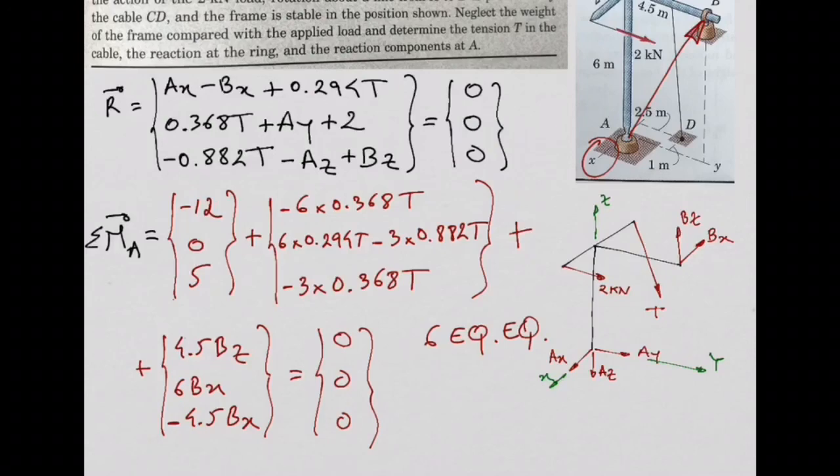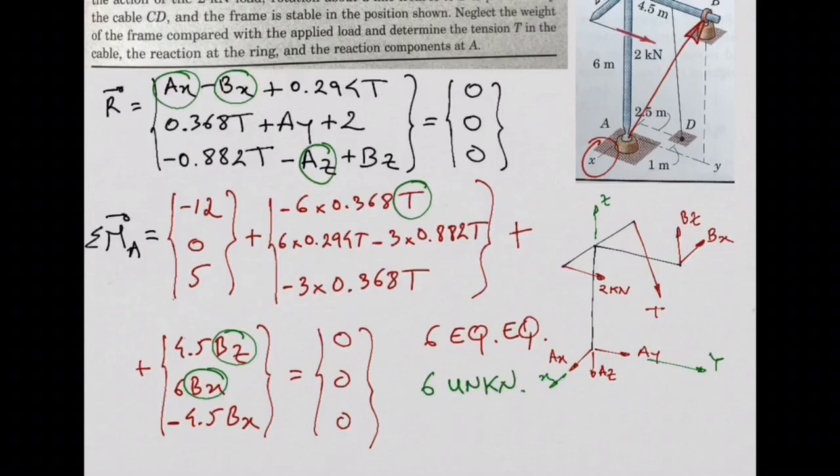Let's count the number of unknowns that we have. So we have Ax, Ay, Az makes 3. Then Bx and Bz, it makes 5. And then we have the tension T in the cable. It makes 6. And that's it. So 6 reactions or 6 unknowns for 6 equilibrium equations.